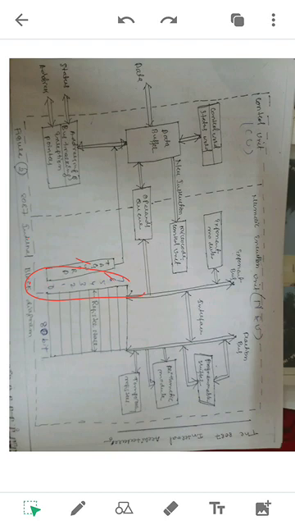The stack we already discussed, it is similar to the 8086. It operates in LIFO, last in first out.